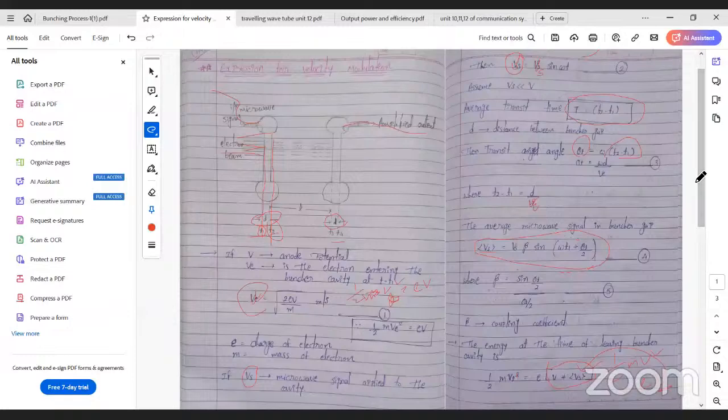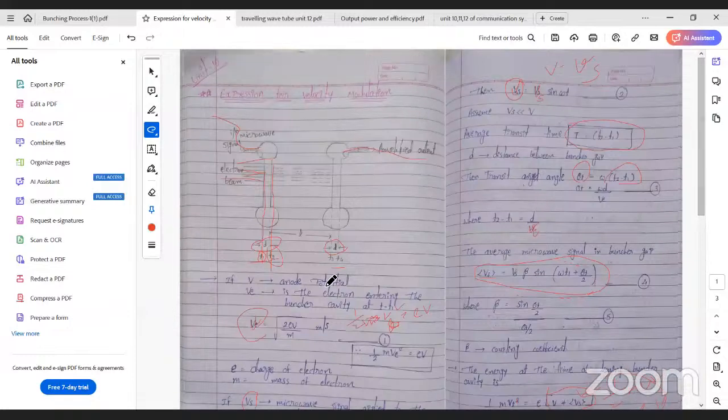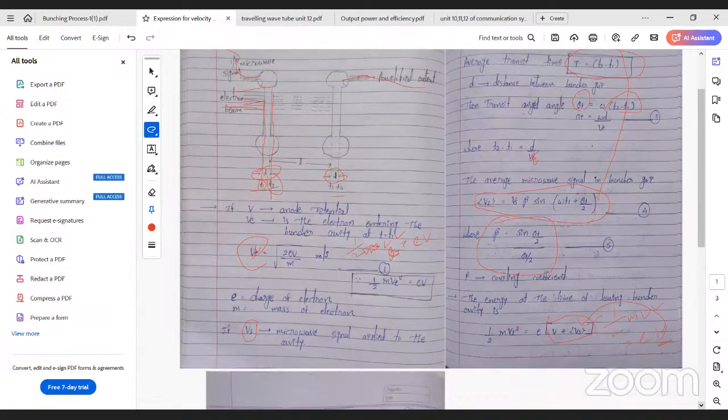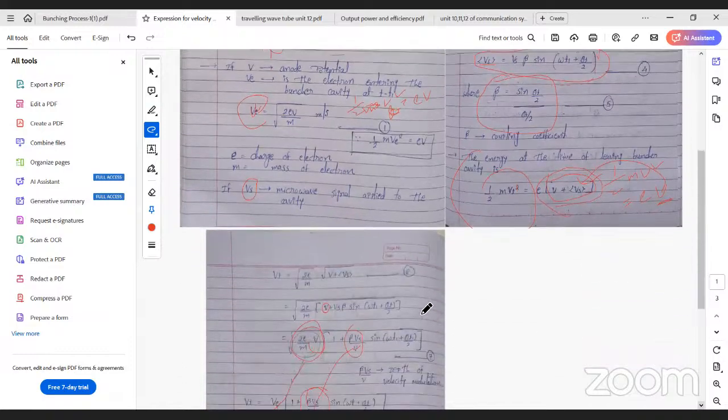What we discussed here: the velocity of the electron formula is written. Next, the signal voltage equation is written, V equal to Vs sine omega t. The same equation in terms of theta is equation number 4. From equation number 4, I am concentrating on beta. What is beta? Sine theta by 2 divided by theta by 2. This is called the coupling coefficient. After that, in general, kinetic energy half m v square equal to E capital V. In terms of V, I am substituting V plus Vs, and substituting the equation of Vs in this.